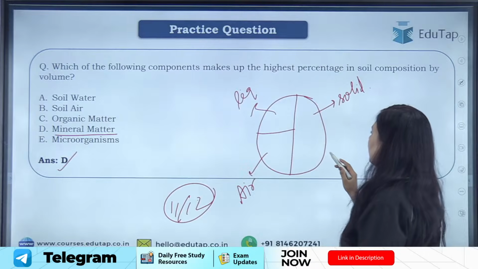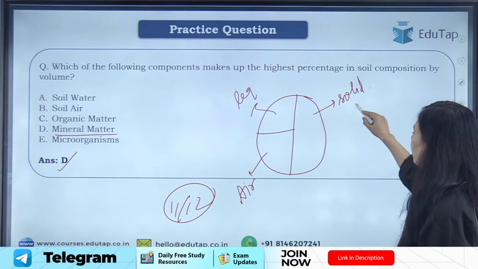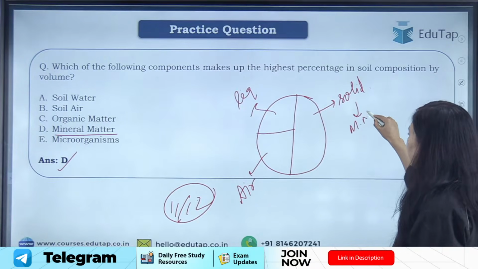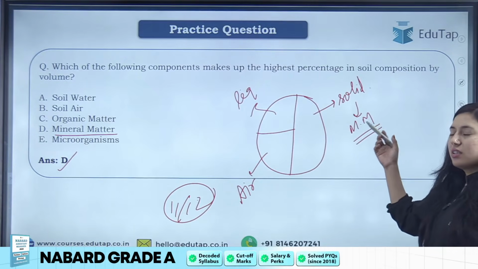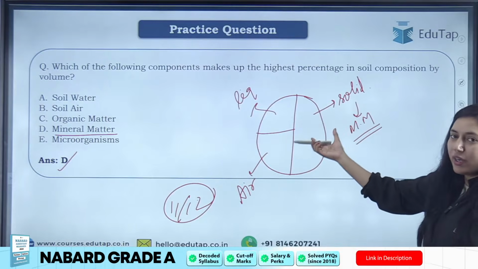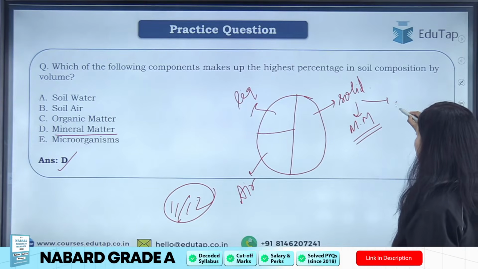The soil solid is made up of mineral matter, the minerals from which soil is made, and organic matter.